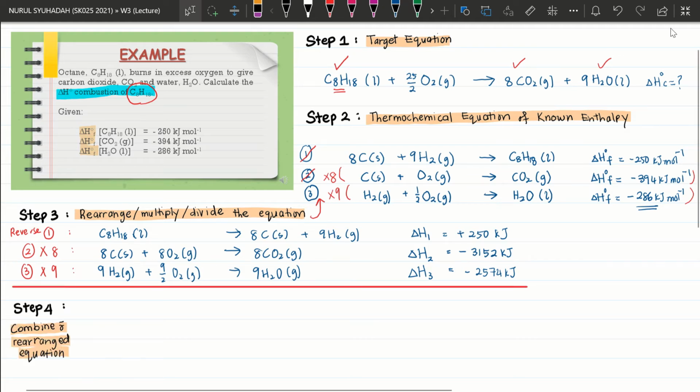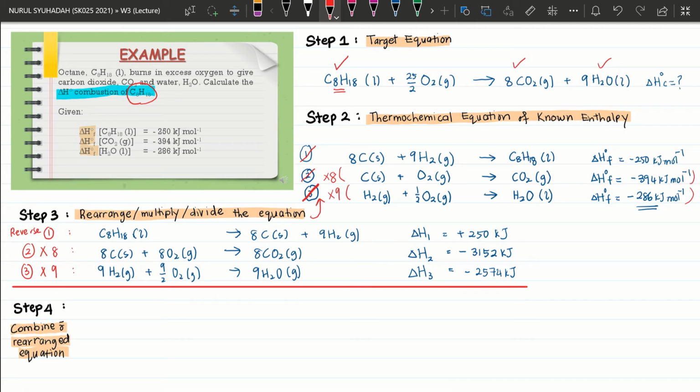Now, step number 4 is combine and rearrange the equation. Before I forget, if you look here, we did not do anything for the oxygen, but we have finished using all our 3 equations.